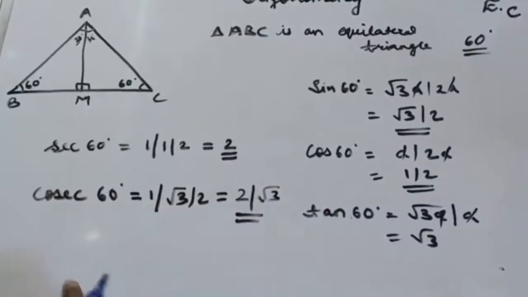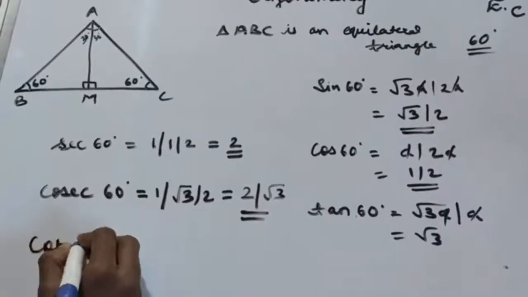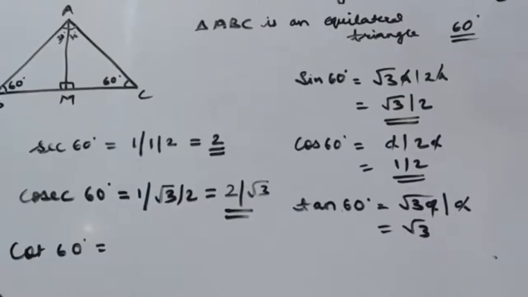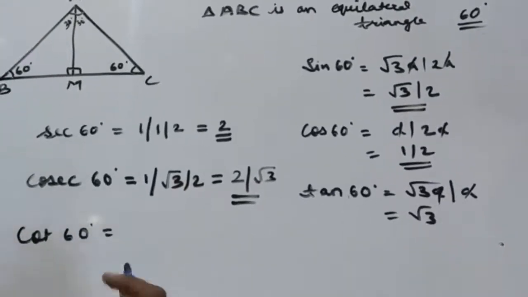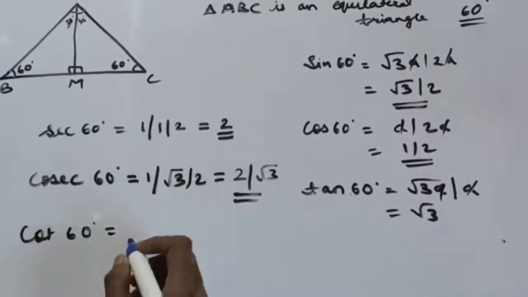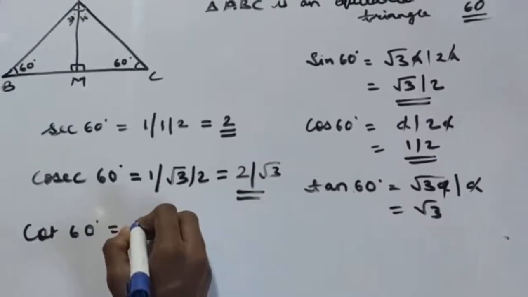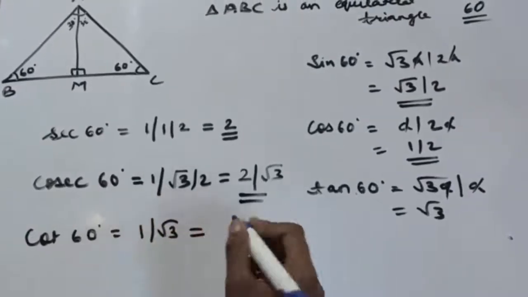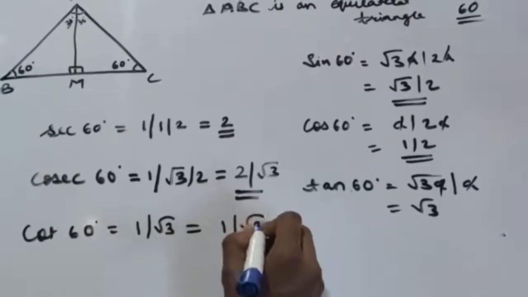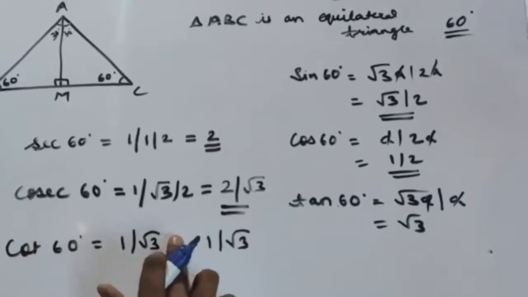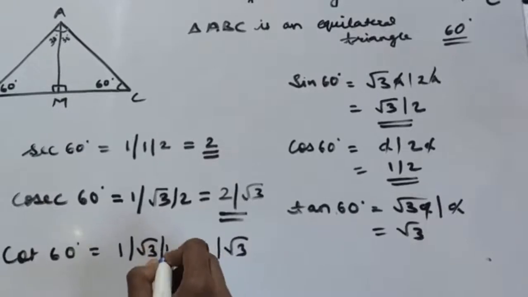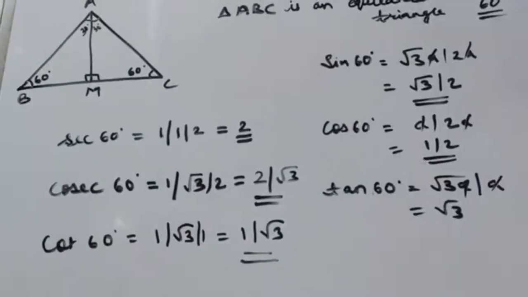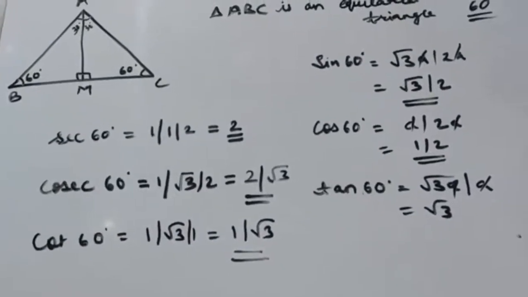Similarly, for cot 60 degree, we know that cot is nothing but the reciprocal of tan. Here the value of tan 60 degree is root 3, so cot 60 degree will be 1 upon root 3.